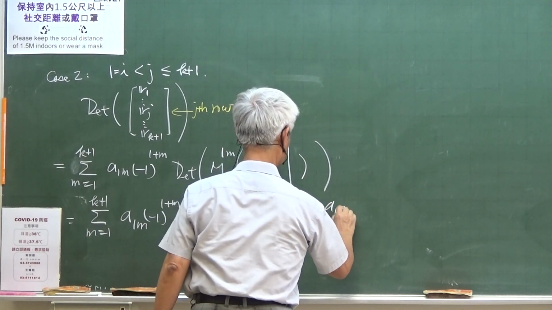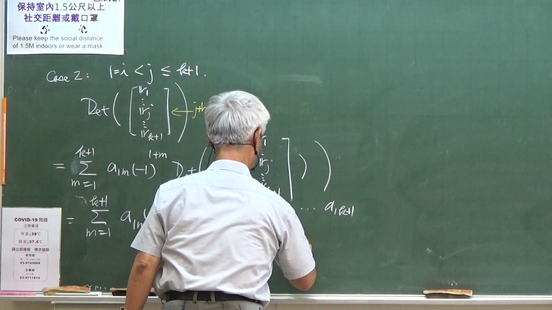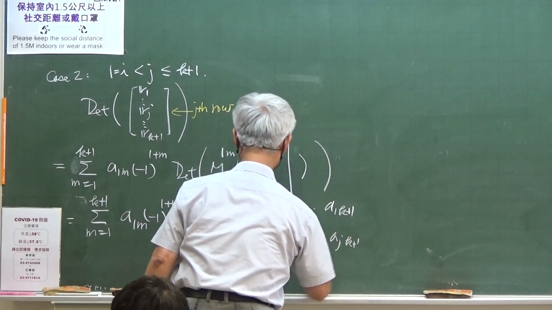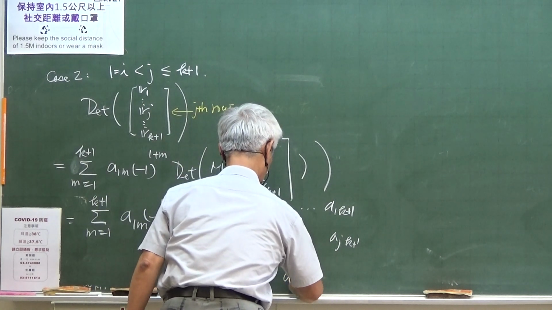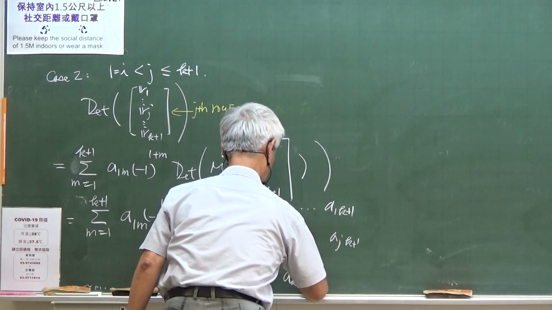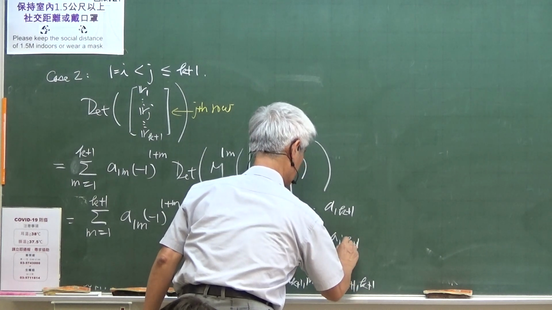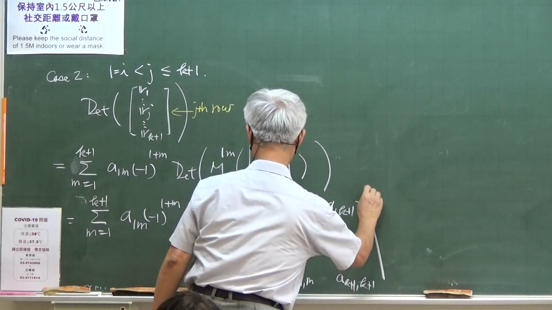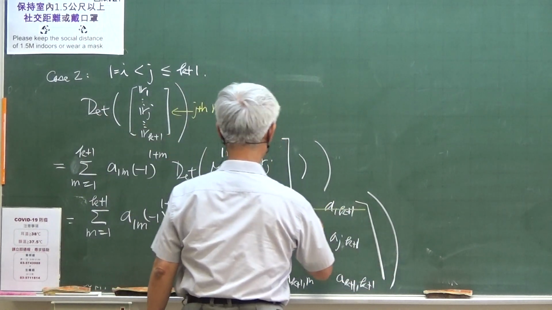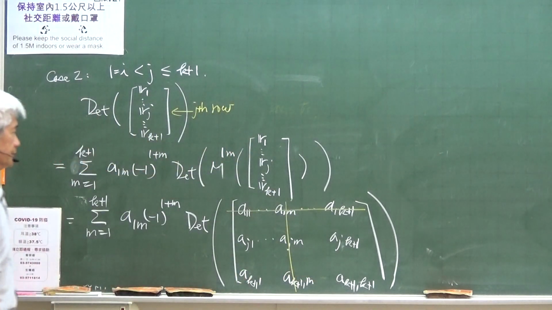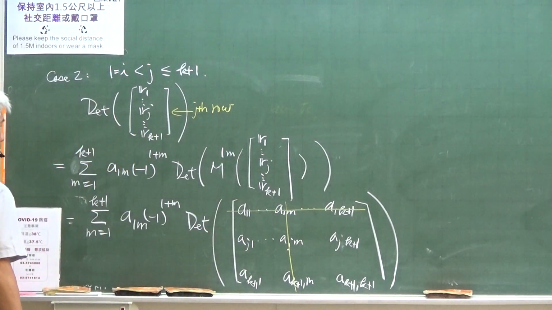It's better to illustrate. And this one is a1, a2n, a2 k plus 1, and a k plus 1 1, a k plus 1 n, a k plus 1 k plus 1. Alright, and the minor is that we remove the first row and the nth column. Okay.